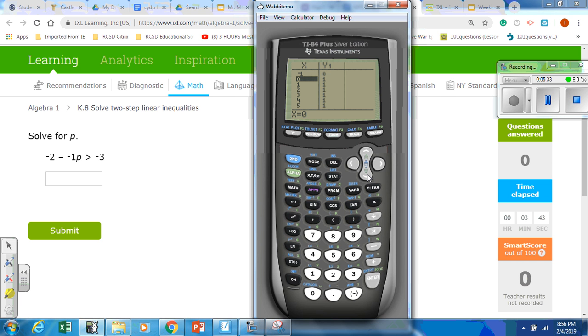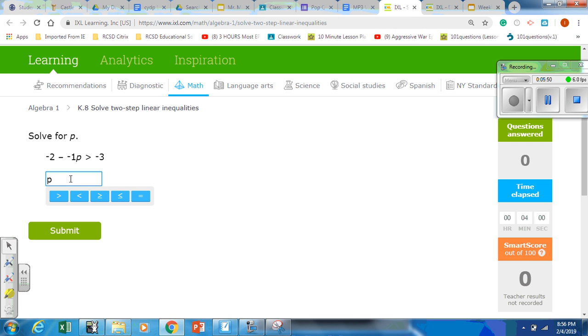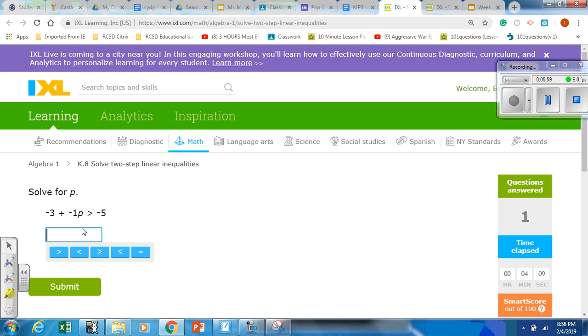P greater than -1. How do we do? Great job. Okay, let's do a slightly different one. Clear that out. -3 plus negative x is greater than, second math, we're going to go with the 3 symbol, -5.